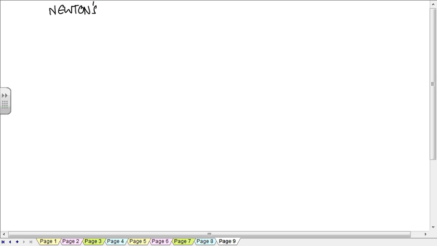Newton's third law, I'm going to always just abbreviate this N3L. If you use the subscript notation, this is super easy. Newton's third law is the one that says for every action there's an equal and opposite reaction.